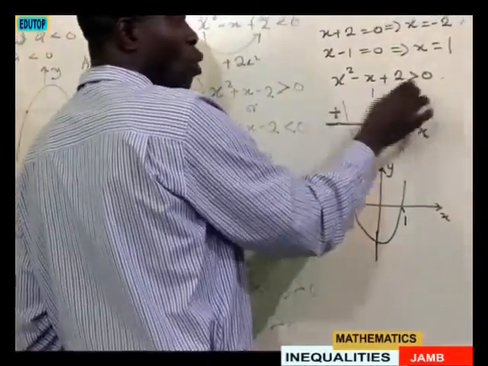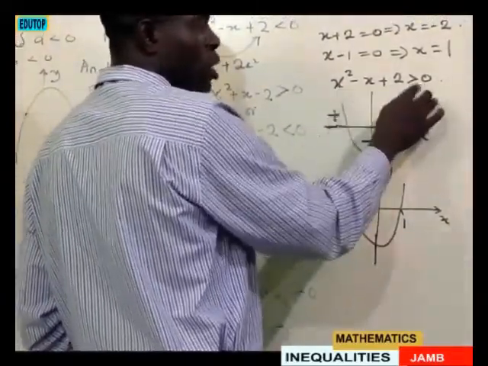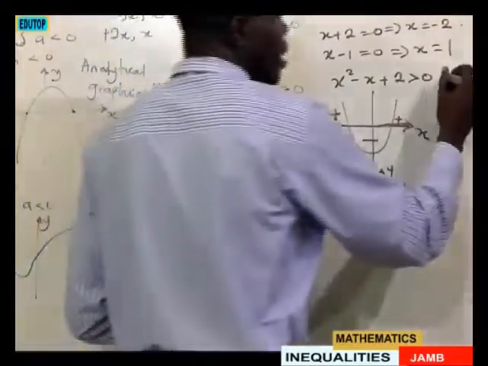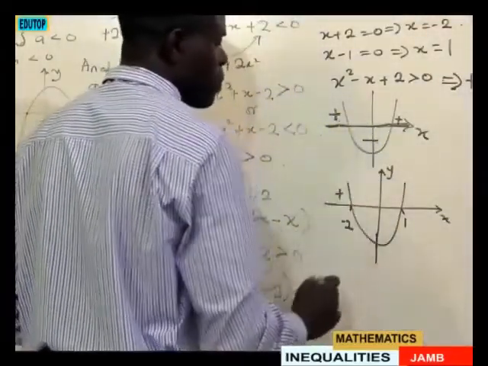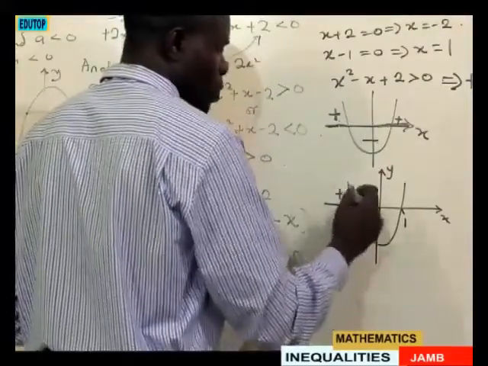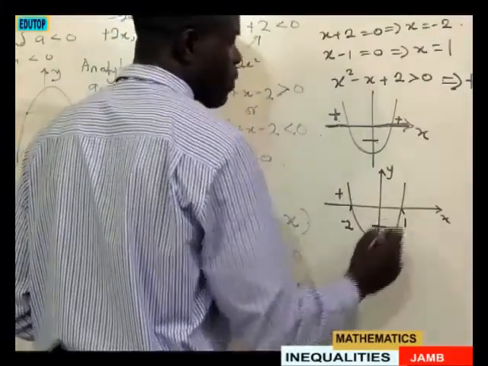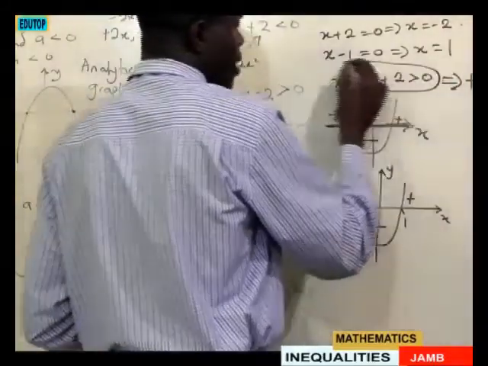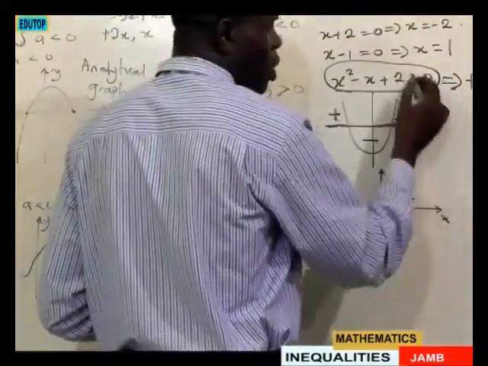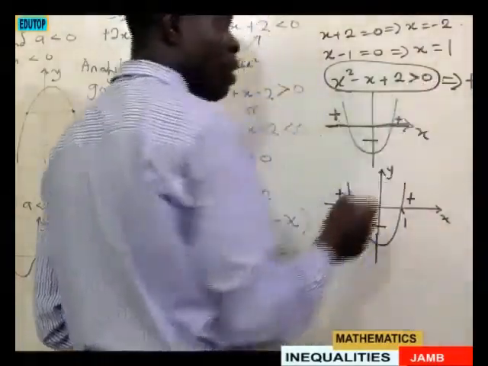This is what we have. The whole of this is what? Greater than 0. That means it is positive. And since we know that this region is positive, this region is positive, this region is negative, and this region is positive. Since our quadratic inequality is positive, because anything that is greater than 0 will definitely be positive.